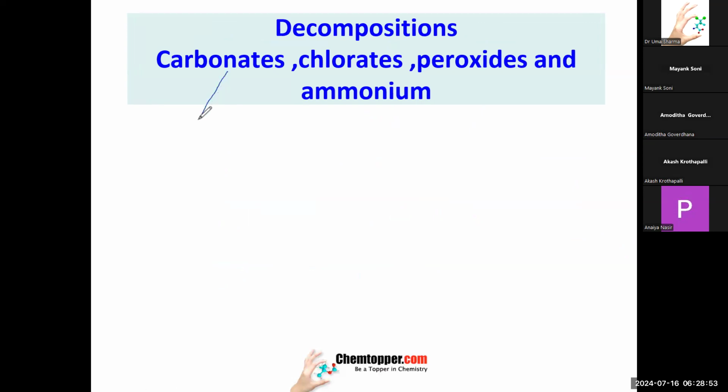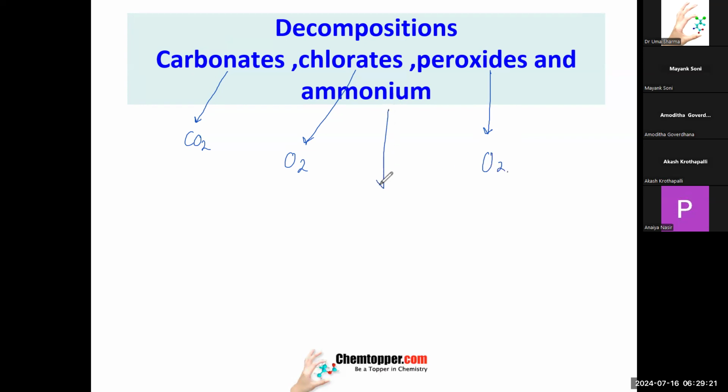Carbonates, they give you which gas? CO2. Chlorates, all chlorates undergo decomposition to give O2. All peroxides undergo decomposition to give O2.